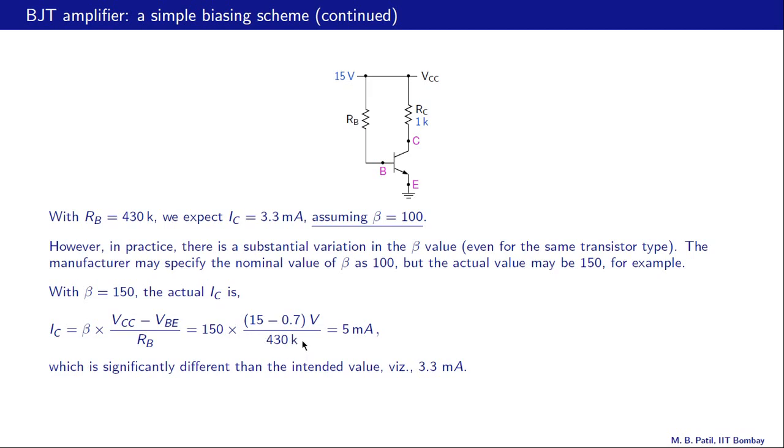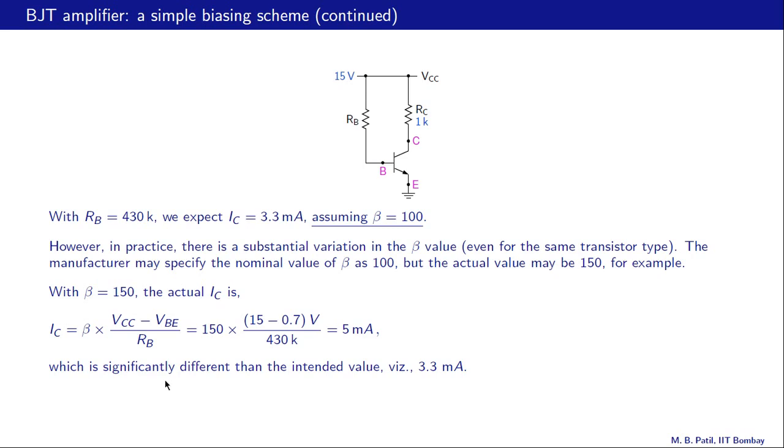We have already picked this RB, assuming that our beta is 100, but the actual beta of this transistor happens to be 150, and the current then would be that expression, or 5 milliamps.